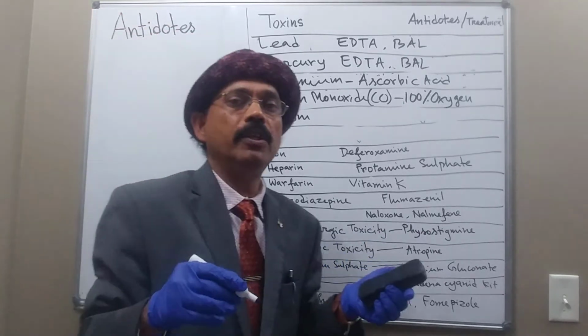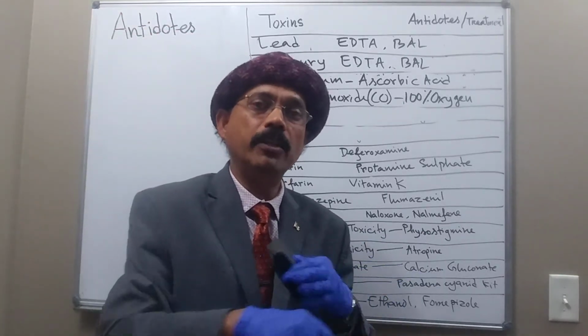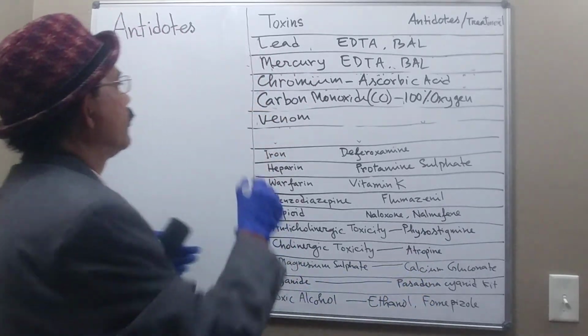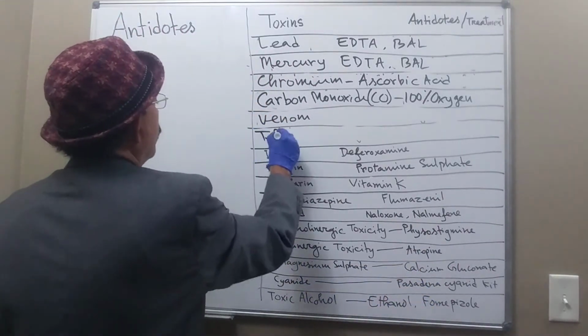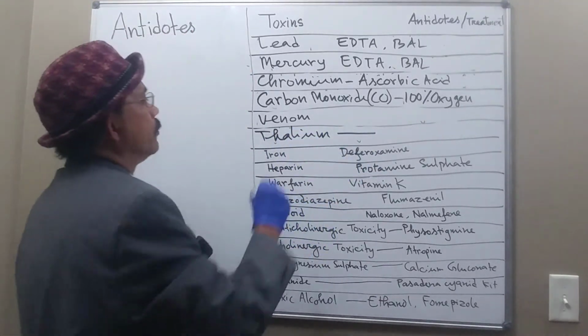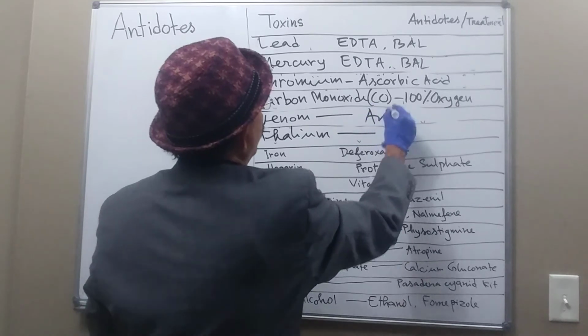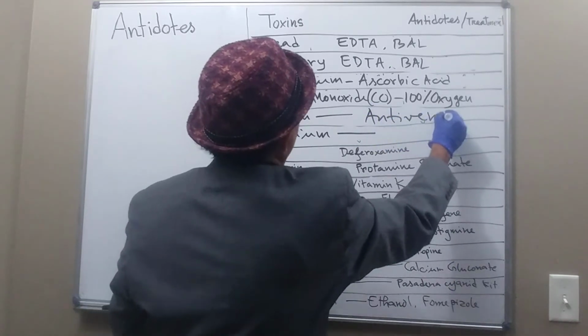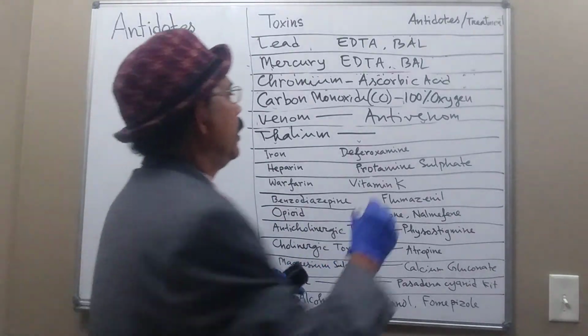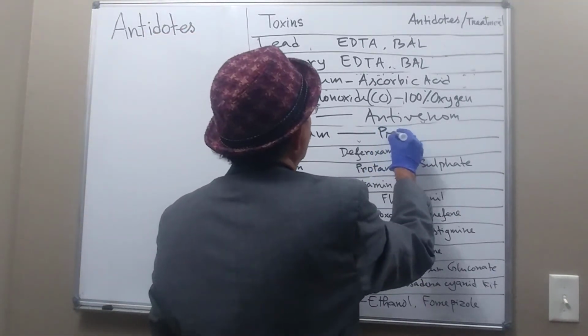It may also be used as a depilatory to remove hair, or as a rodenticide. For thallium, we have the antidote Prussian blue.